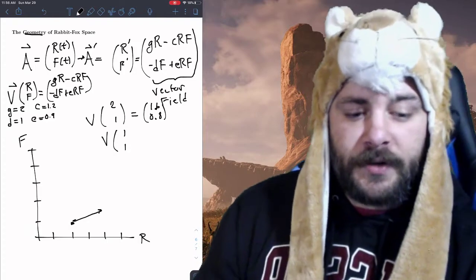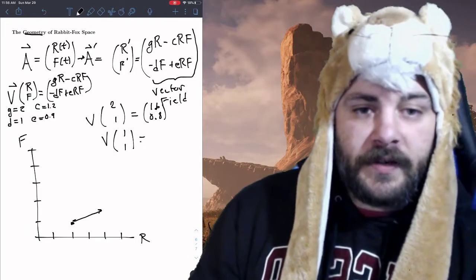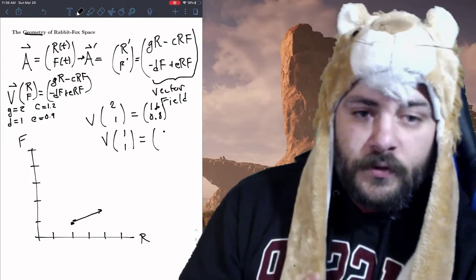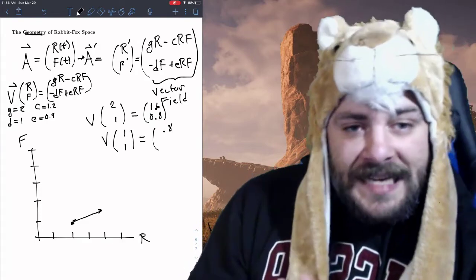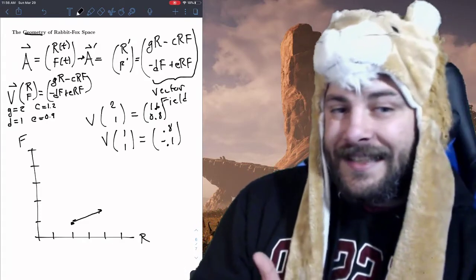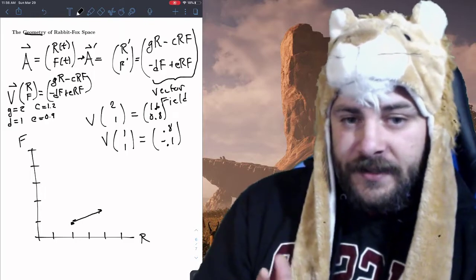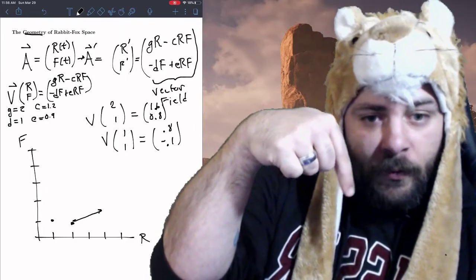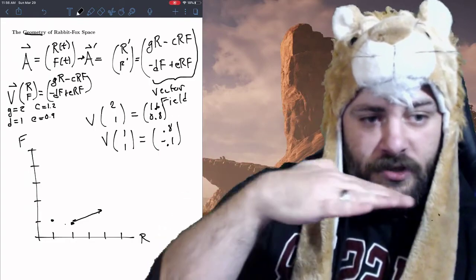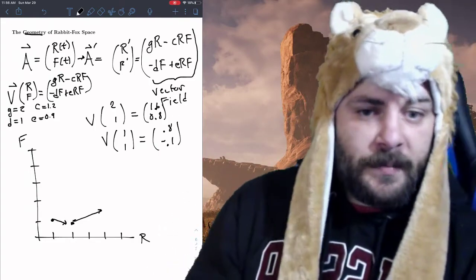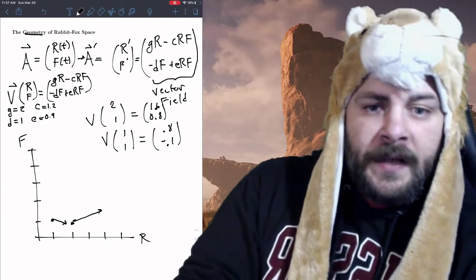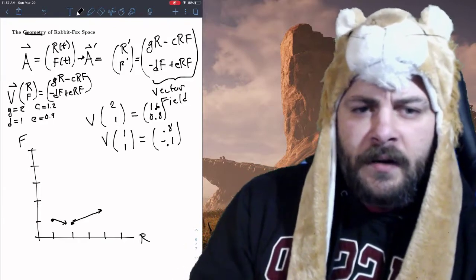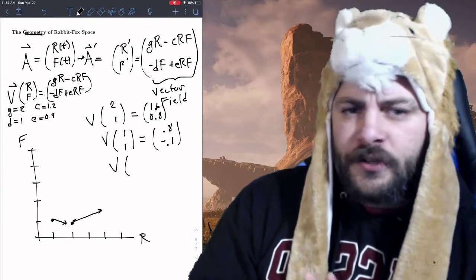So I think the next one we choose is, I should have my notes in front of me, v of (1, 1). So if there's 1 of each, you get 0.8 growth, but you get this negative growth in foxes. And so here my vector will be pointing down, but quite a bit more it'll be pointing to the right. So it's a gentle lower right sweeping vector, like what I've drawn right there. And then last, I think we do v of (0.5, 2).